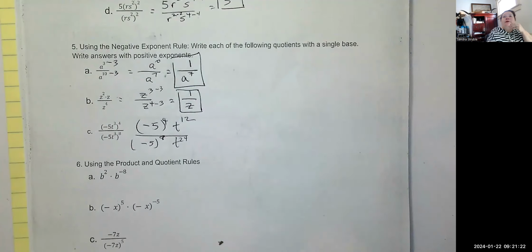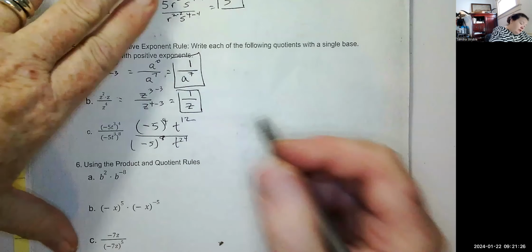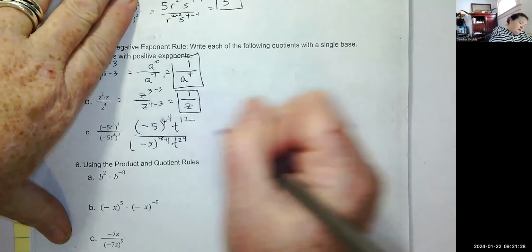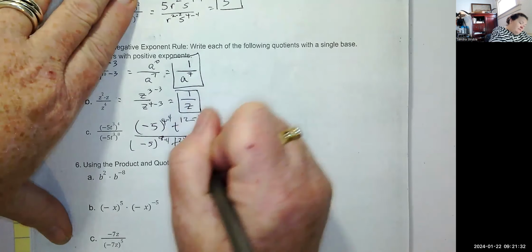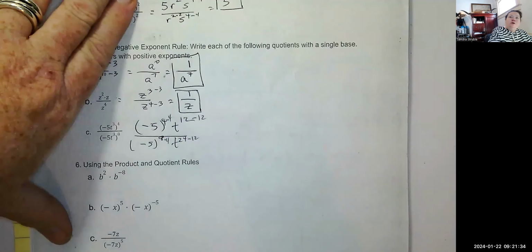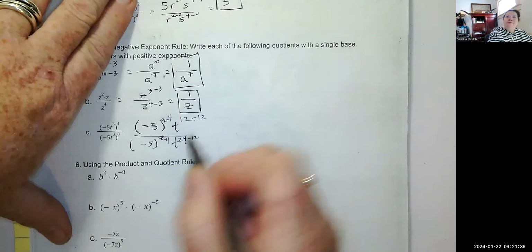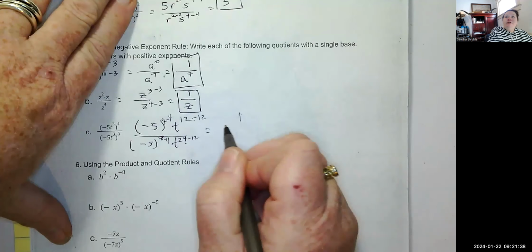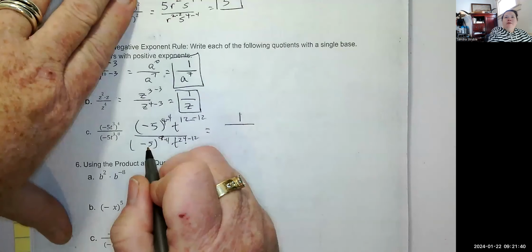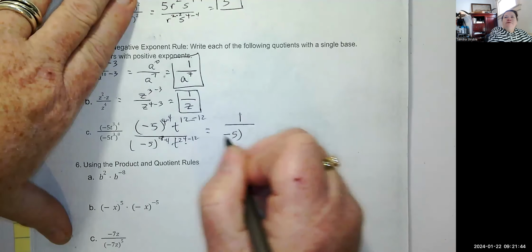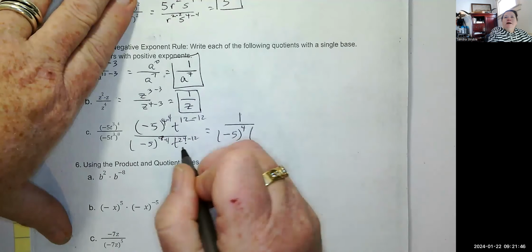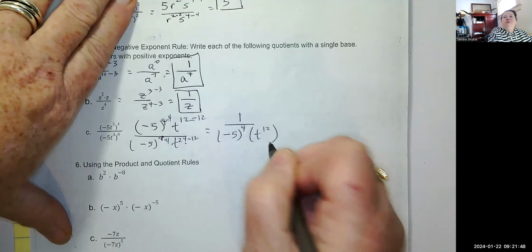Okay, I want to bring the -5 to the 4th to the denominator and subtract 4 from both. And I'm going to subtract 12 from here. I can move it to the denominator as well, since the 24 is positive and larger. That's going to give us 1 in the numerator. And then 8 minus 4 is 4, so -5 to the 4th times t to the 12th.